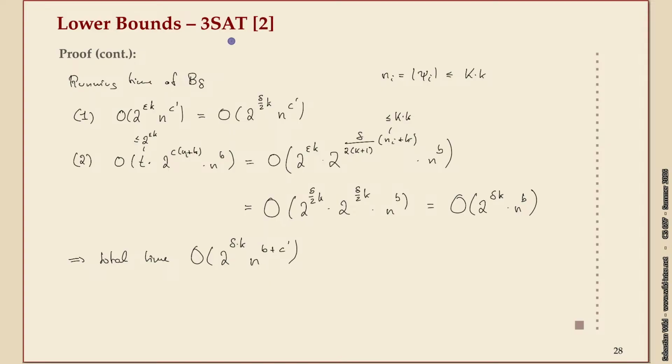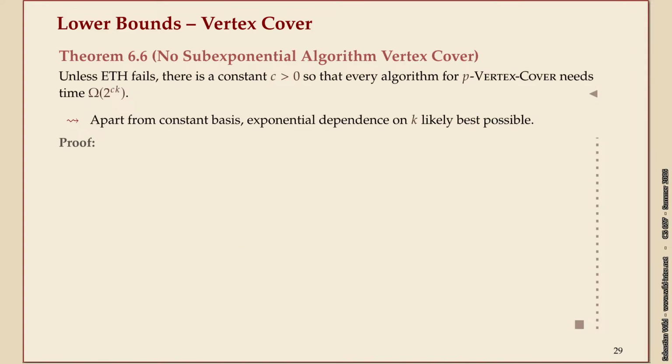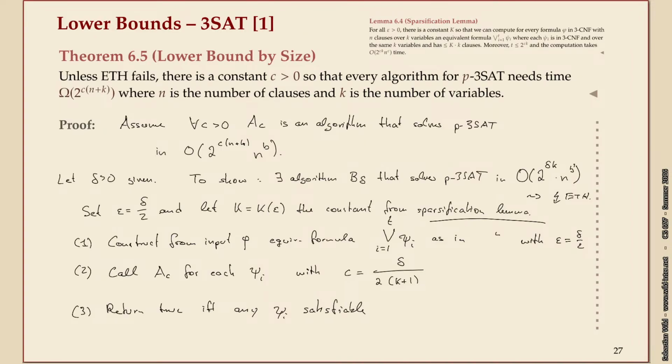Now, maybe we didn't care so much about 3SAT itself. We wanted to say something about vertex cover. But virtually the same argument goes through if you take vertex cover and use what we've just shown. So you can take the same template. And to make this explicit, let's really copy things as much as possible.